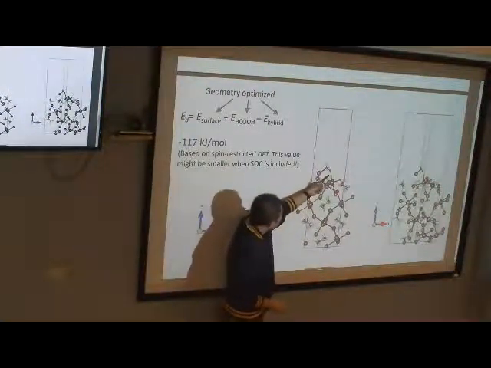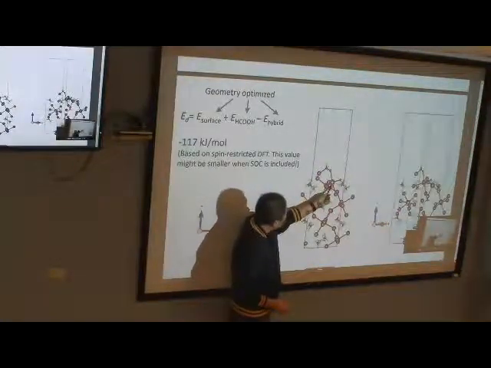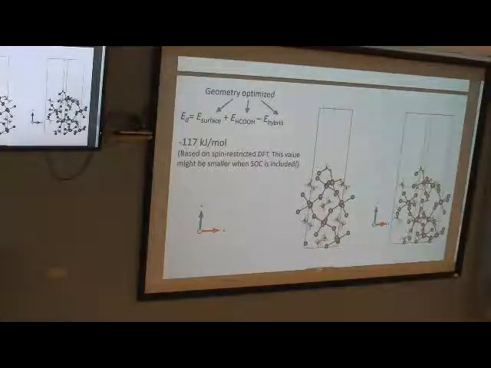So here this CHO group, the carbon bonding to the iodine, and the hydroxyl group bound to the metal. And it looks more stable. So when formic acid breaks, the binding energy increases.